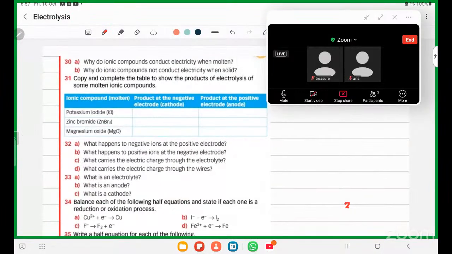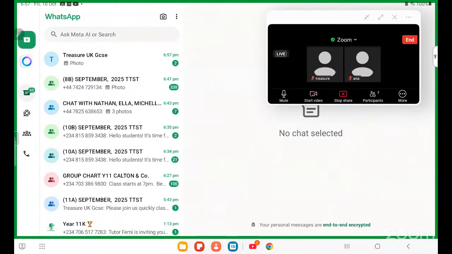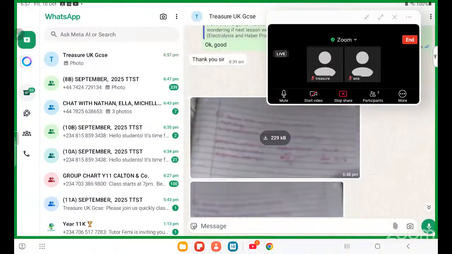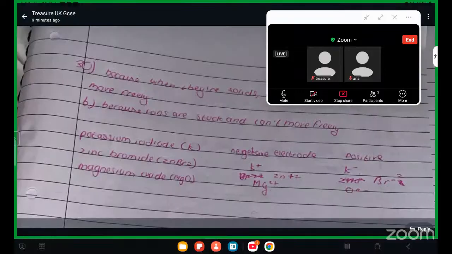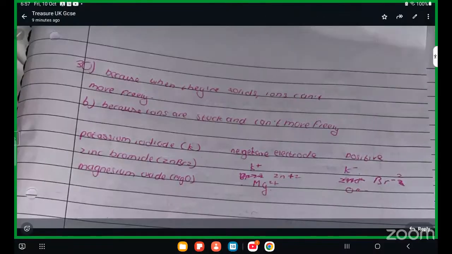Okay, I received from Treasure. Because when they are solid, ions can't move freely.